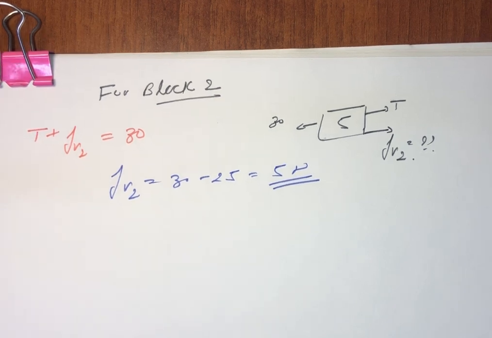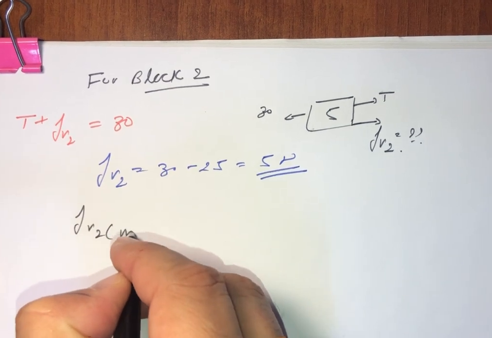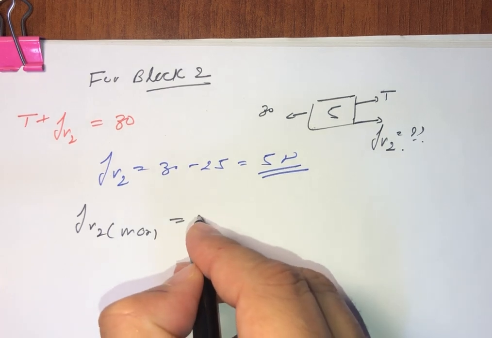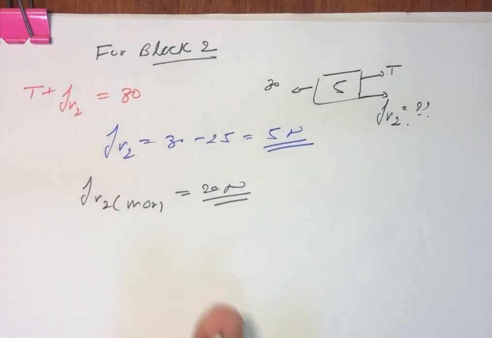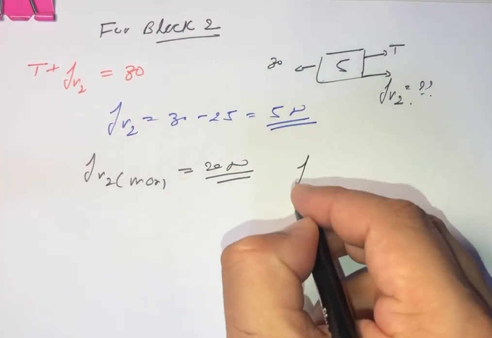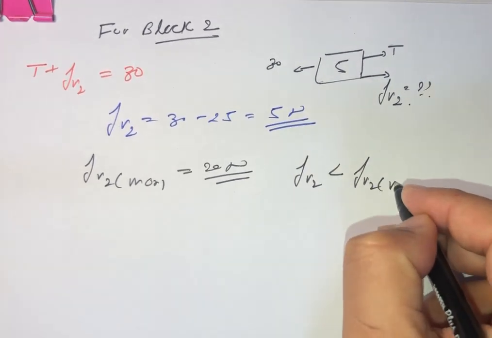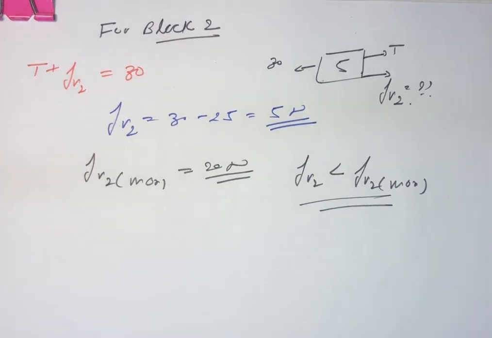And the maximum value of FR2 that is available, FR2 max, is 20 Newton. So the required value is less than the available value. FR2 is less than FR2 max. It means the consideration is true.